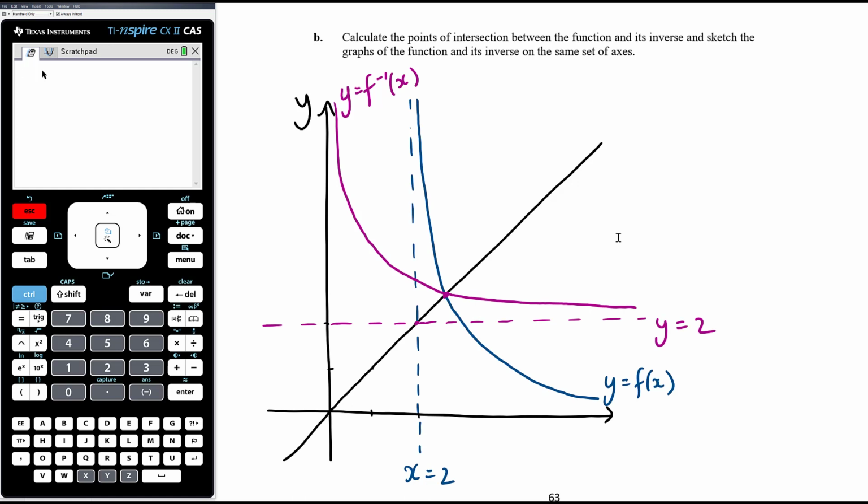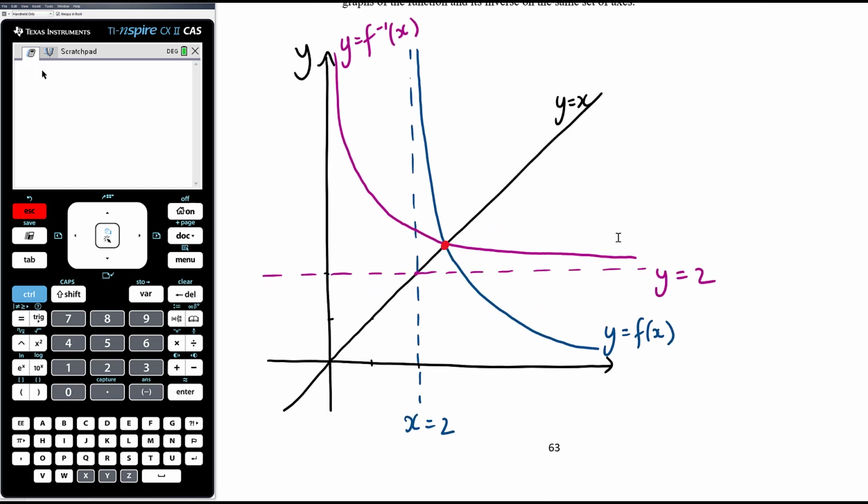So if we want to find the points of intersection, we can see, having thought through what the graphs are doing here, that they only have one point of intersection, and it is on the line y equals x. So there are 3 lines intersecting at this red point: y equals f of x, y equals f to the negative 1 of x, and y equals x. So you can solve any combination of those 3 lines to find the point of intersection.